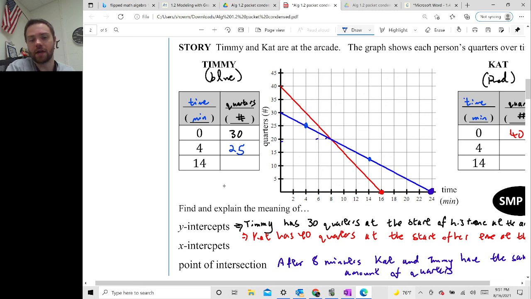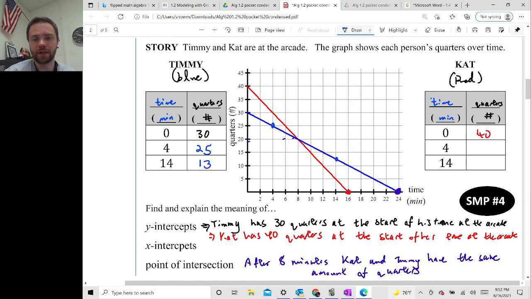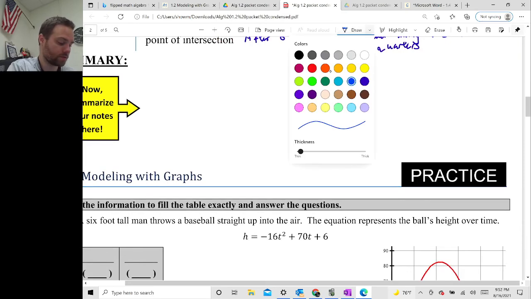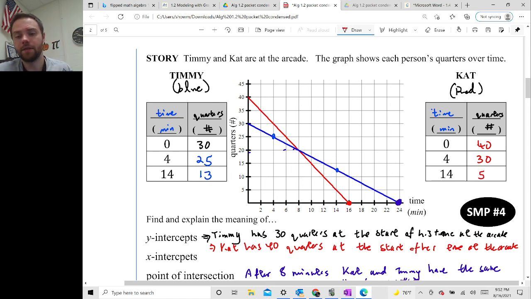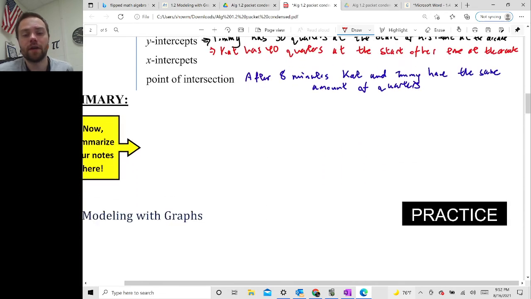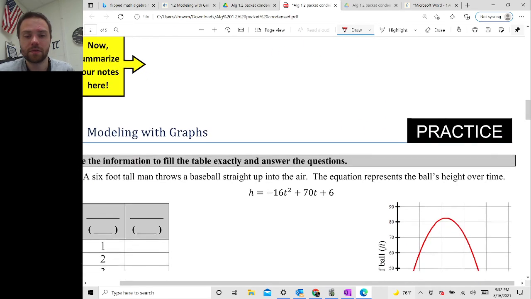So I'm going to say he's got 13 left, just above halfway. For Kat over here, after 4 minutes, she's got 30 quarters left. Let's change that to red. And after 14 minutes, she is just at 5, so she's been spending at a much faster rate than Timmy has.